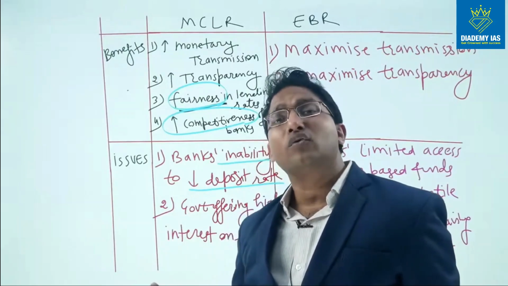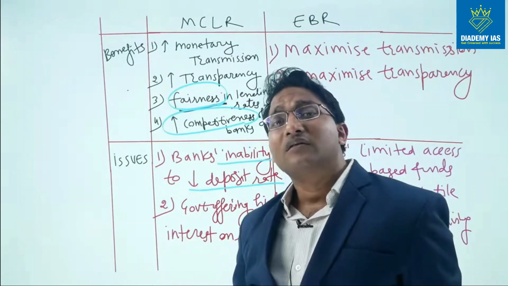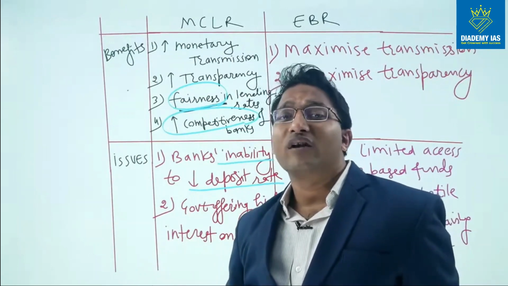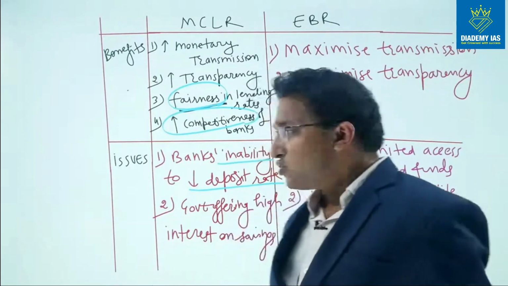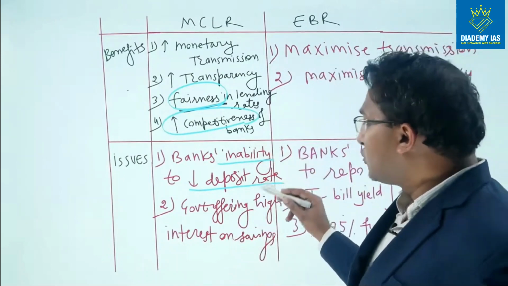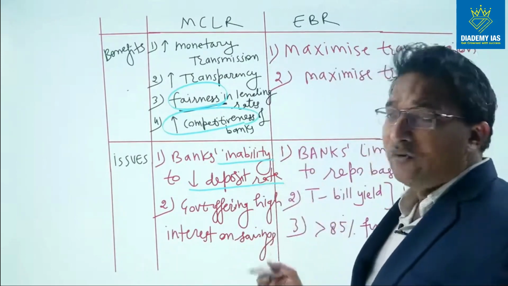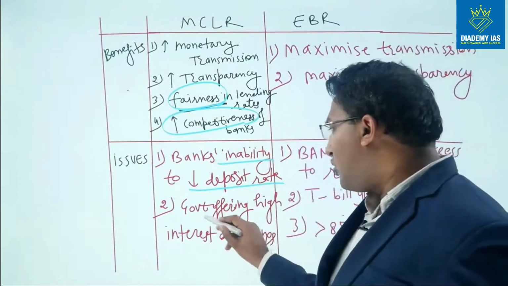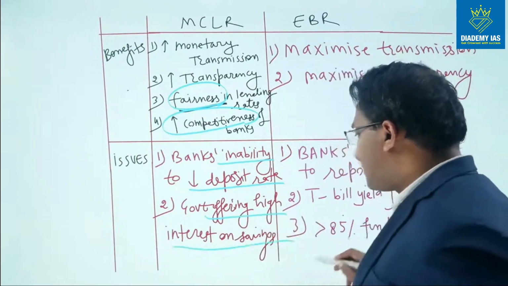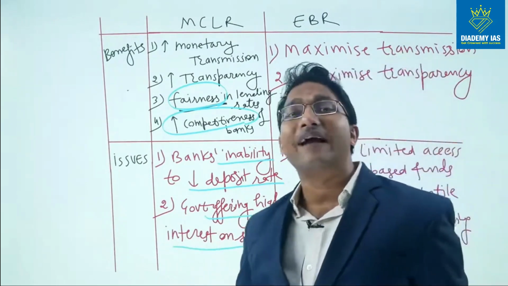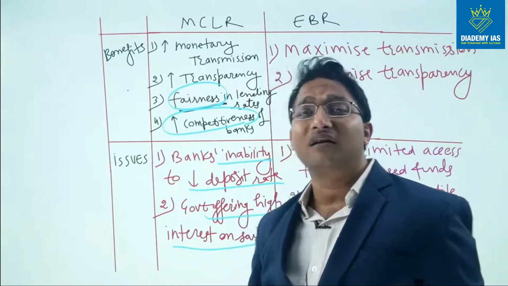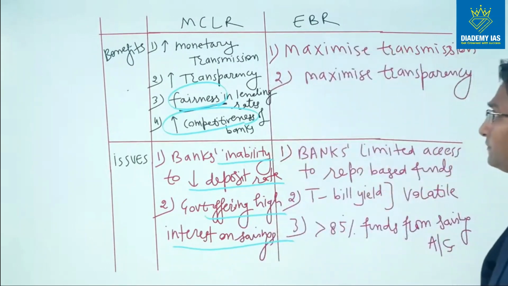Now because they cannot decrease the deposit rate, therefore their cost of funding will also not be reduced. So banks' inability to reduce the deposit rate forces MCLR to be ineffective. Then government is offering high interest on the savings. I already told you the banks are facing a lot of competition from the other securities.